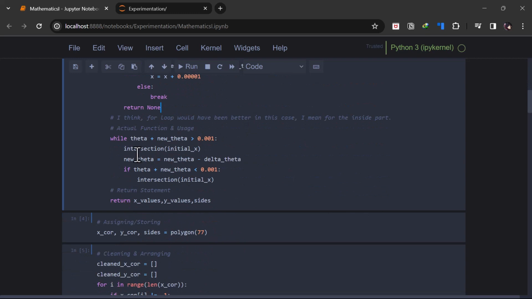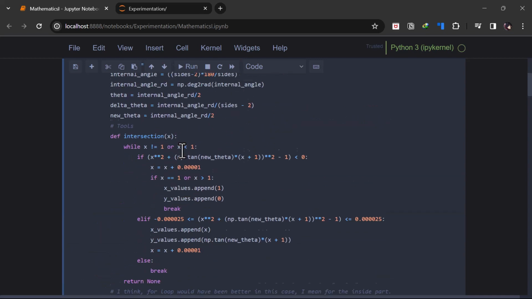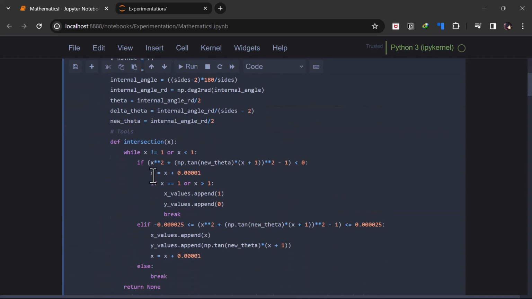So in here, as you can see, in the rotation loop, I have specified x to be initial x, that is -1. So it will start from -1. This is the only input that it will take. Again, it will run only if the value is not equal to 1. This is one of the breaking points of the incrementation loop that I discussed. It will only run if the value is less than 1.